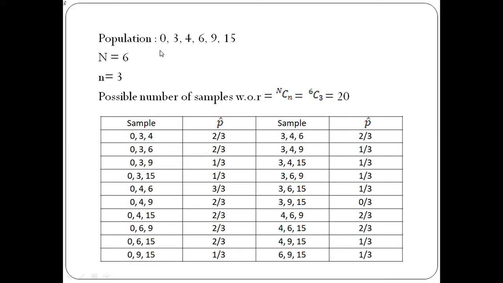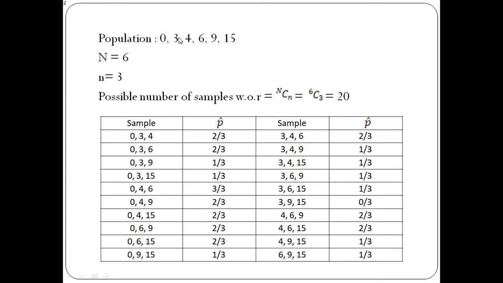So first sample, we just see here, first sample is 0 3 4. 0 is not repeated, 3 is not repeated, and 4, because it is without replacement. So 0 3 4 first sample, then 0 3 6 second sample, then 0 3 9 and 0 3 15.